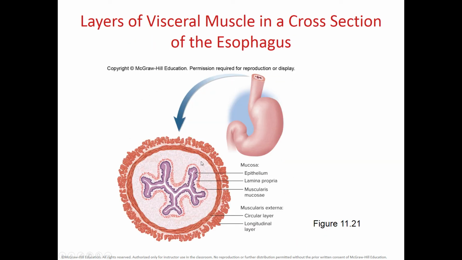And where is their location? In the walls of hollow organs. So in this case, this is the cross section of the esophagus, the tube that brings the food from the oral cavity, from our mouth, into the stomach. And if you see this cross section, these will be the layers of the smooth muscle fiber.